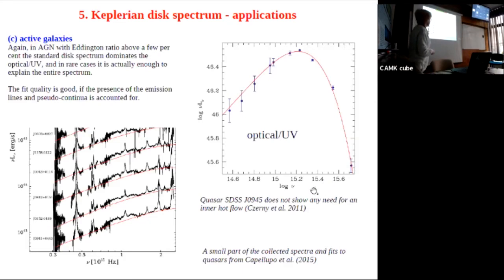So I would put quite a lot of money on the statement that this source is really X-ray weak. And if it has any X-ray emission, it would be, I don't know, a few orders below. So it's not important.